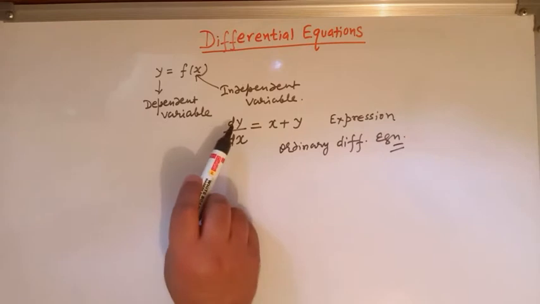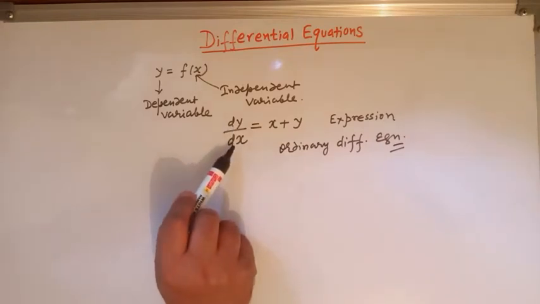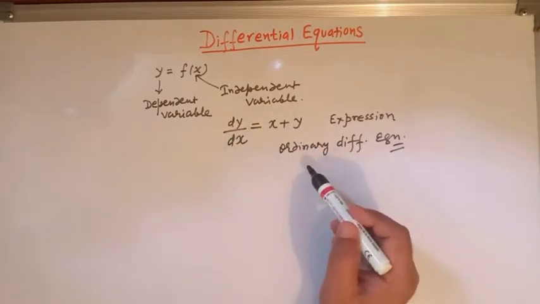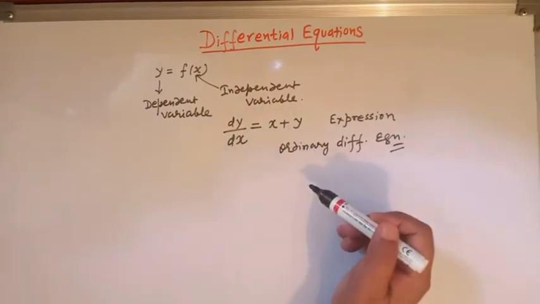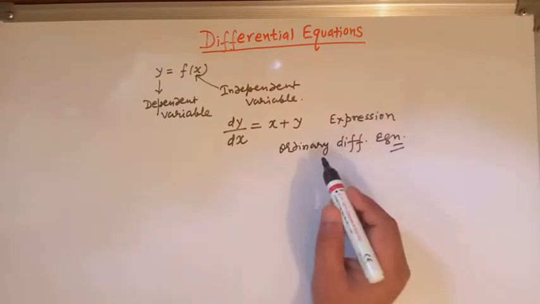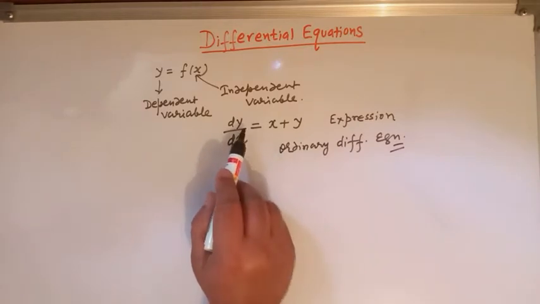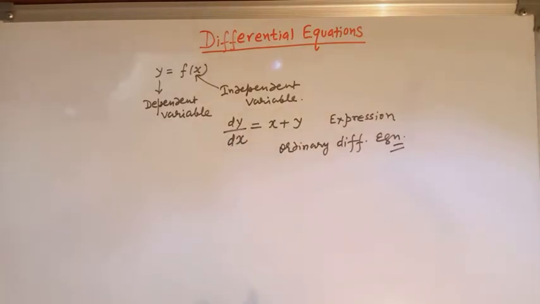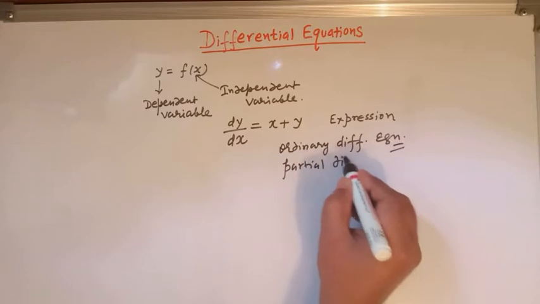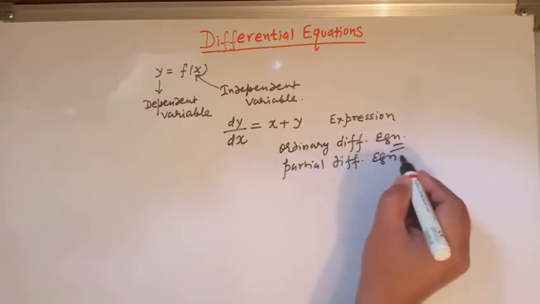If we have the derivatives with respect to only one variable, then such an equation is known as an ordinary differential equation. But a differential equation involving derivatives with respect to more than one independent variable is called a partial differential equation. Clear? Partial differential equation.